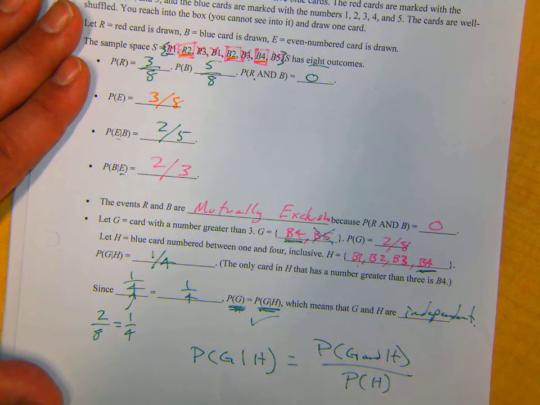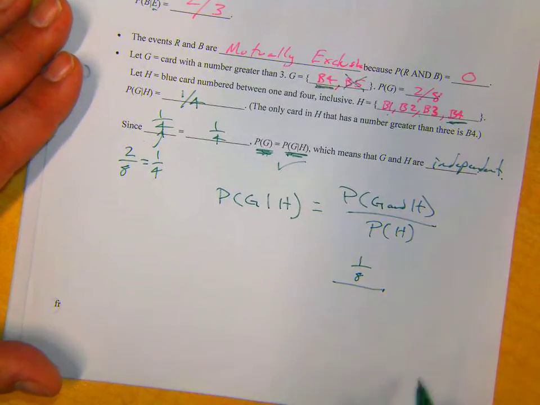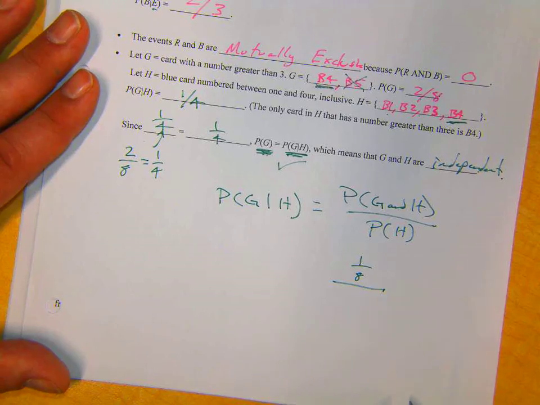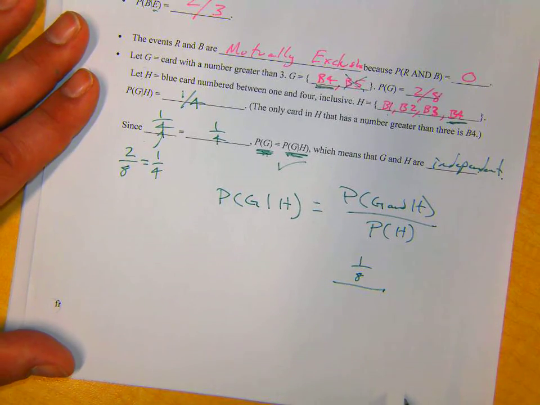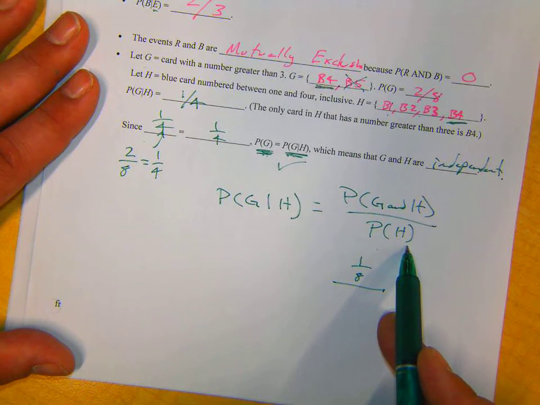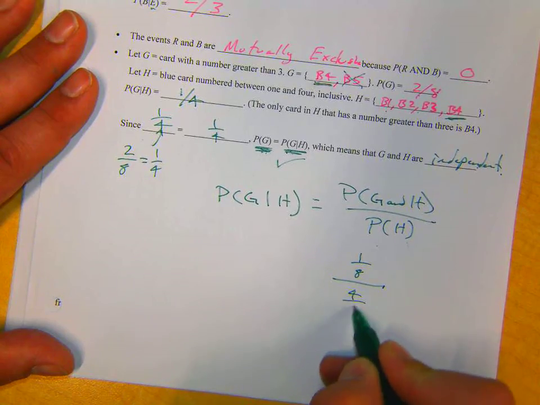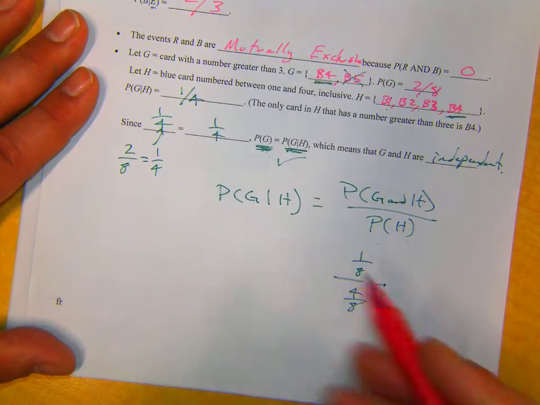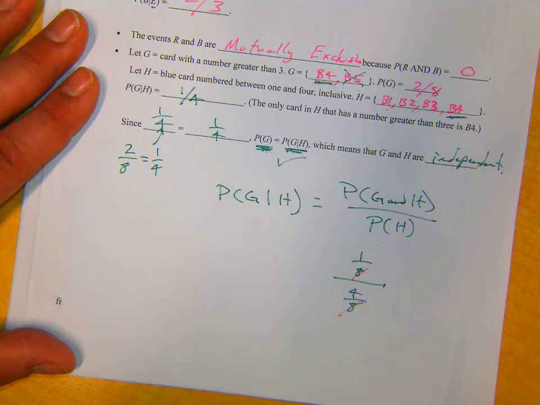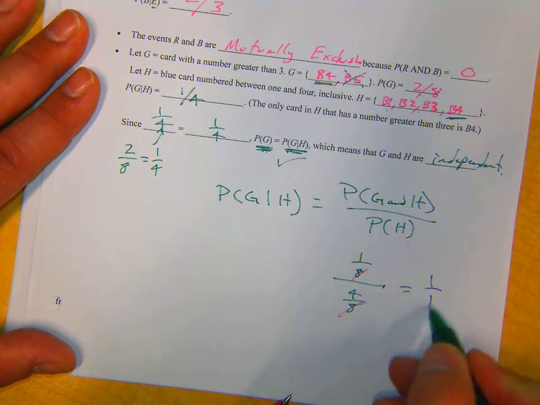I have 1 out of 8 things in my original sample space, all over P of H. I got 1 out of 8 for my P of G and H. I only have one thing in common between those two. Whereas my P of H is 4 things out of 8. And then just cross them, and then cross the denominators out. You got the 1/4.